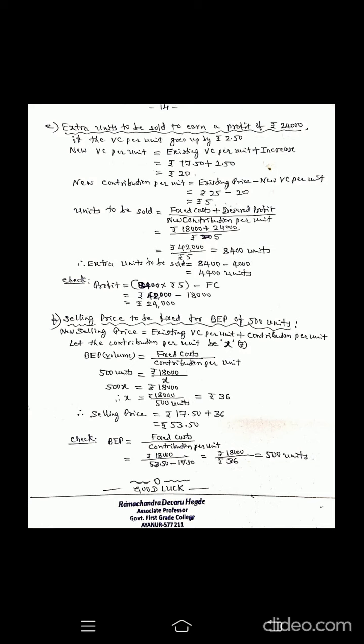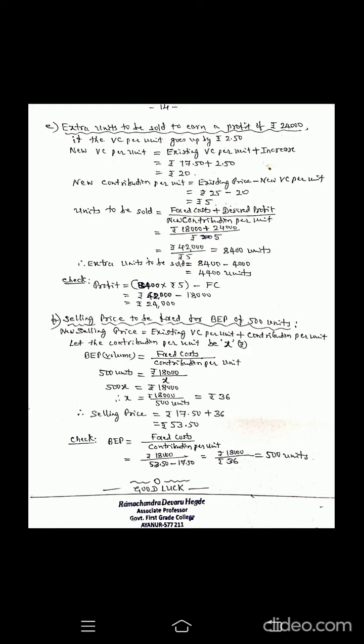It comes to rupees 36. Therefore, selling price is equal to 17.50 existing variable cost per unit. Contribution should be rupees 36 per unit. So when we add both of them, selling price will be 53.50.